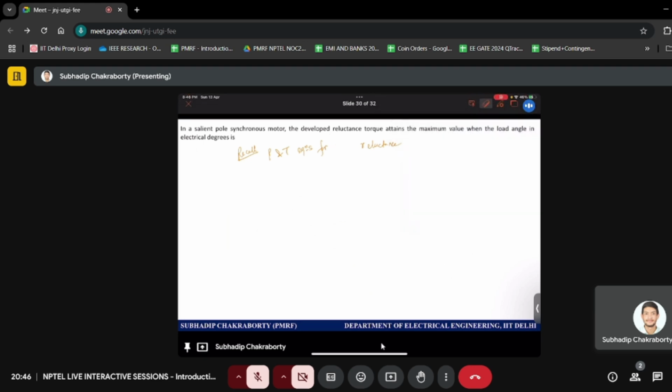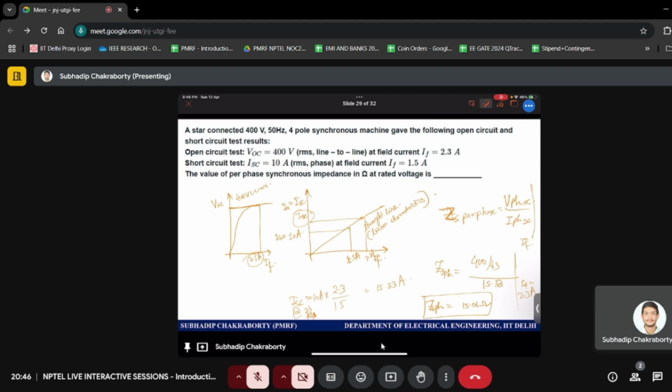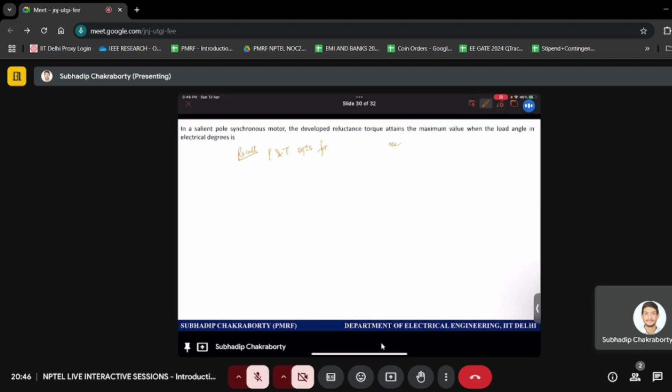Because it has both reluctance and the synchronous torques. So the power and torque equation are very similar. Remember, there is a sine 2 delta, right?